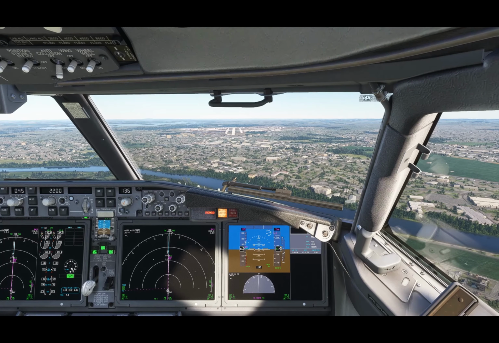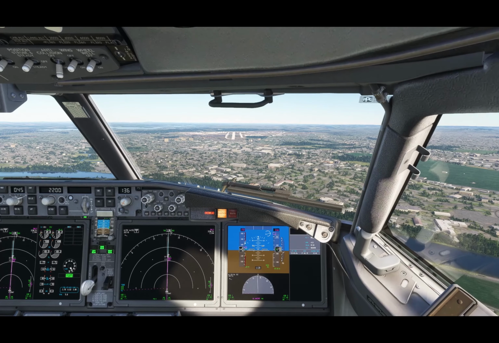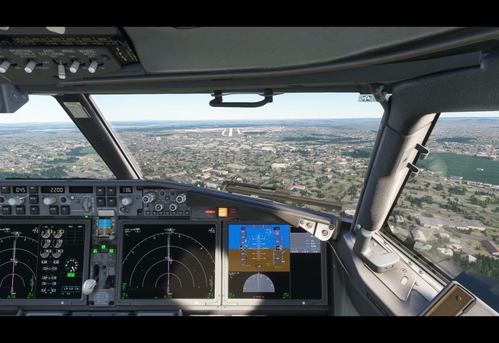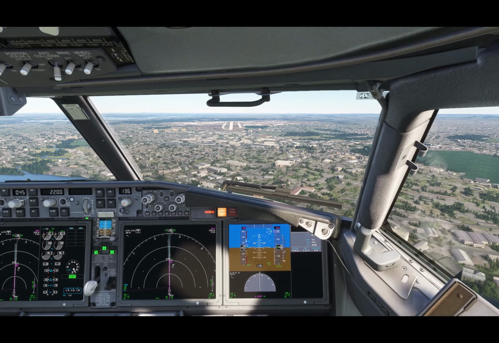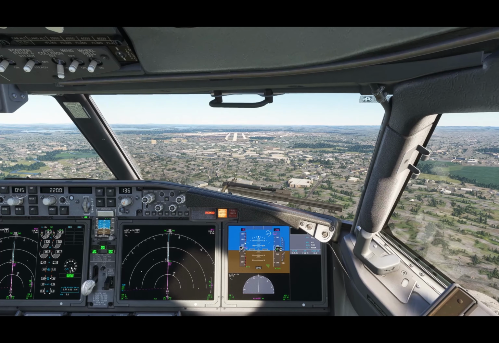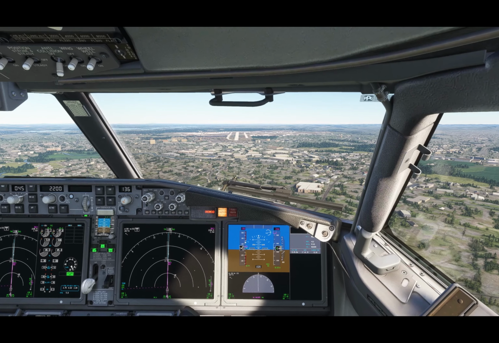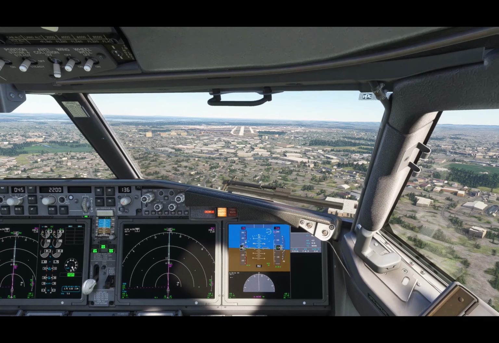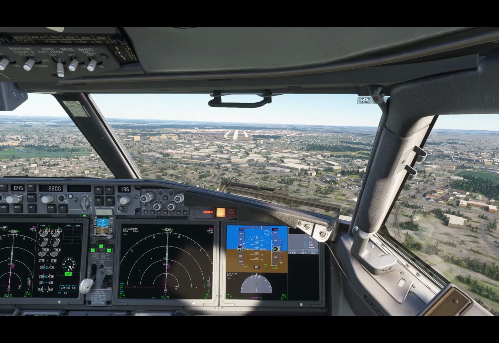Now notice my descent rate is constant. I'm using auto throttle off, so I'm keeping my speed up. I'm going to get down to 1,000 feet per minute here, but we're not below 500 feet, so I'm going to do that to get the runway low, and then we're going to come down and be low and slow, if that makes sense.